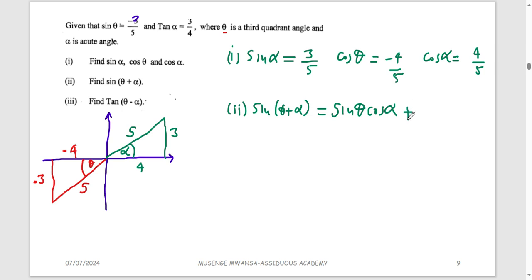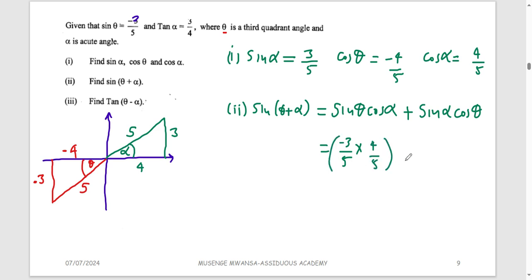We said that you always maintain a plus. Now get sin, get the second angle, and then get cos, get the first angle. So now we substitute where there is sin theta. Remember sin theta we've been given on top, that's negative 3 over 5. This is times cos alpha, which is 4 over 5.